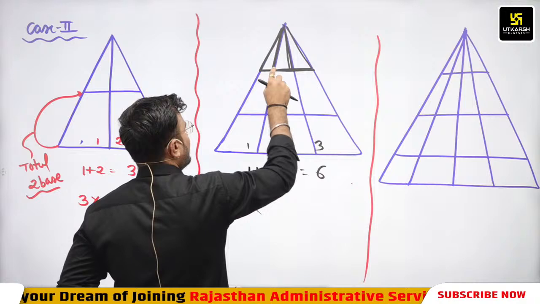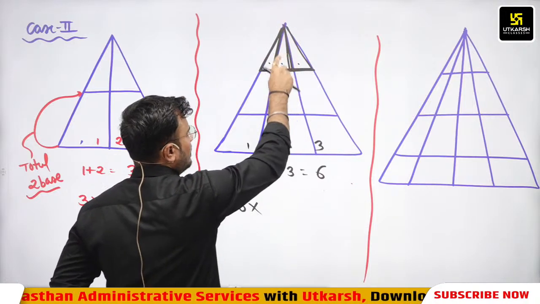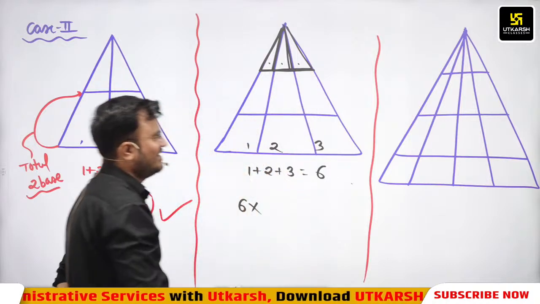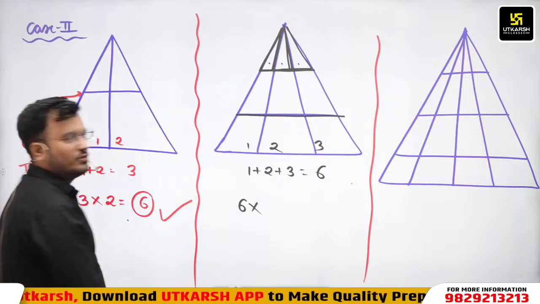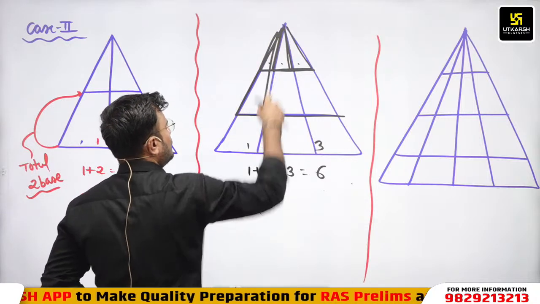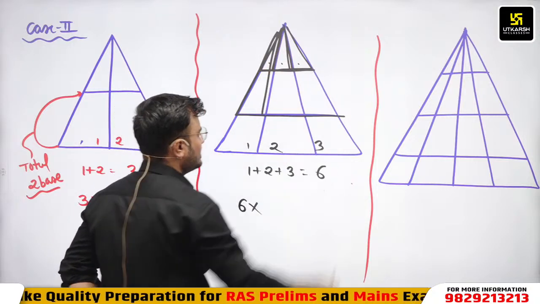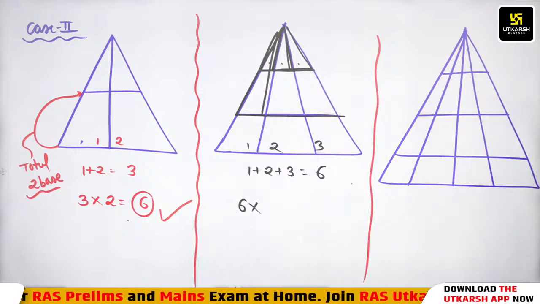How many? 1, 2, 3, 4, 5 and 6. A total of 6 triangles. Similarly, due to this base, 1, 2, 3, 4, 5, a total of 6 triangles again.